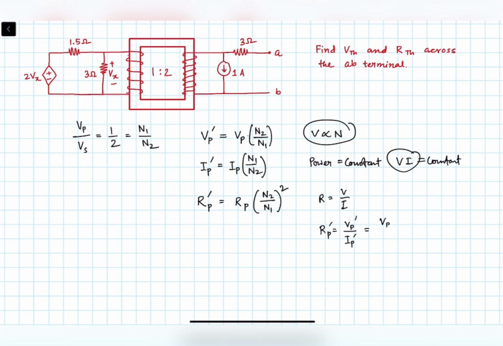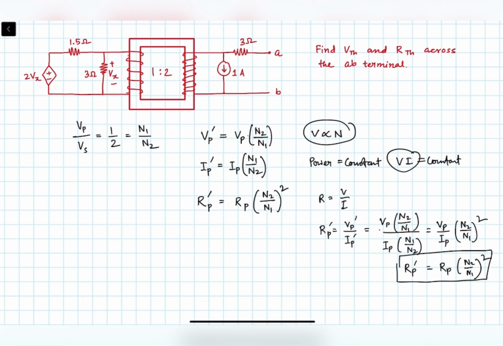So that will be Vp into N2 by N1 and Ip into N1 by N2. That will give us Vp upon Ip into N2 by N1 whole square, and Vp upon Ip we can write as Rp, N2 upon N1 whole square. So this is how you can get the formula for resistance. So basically you have to remember these three things.